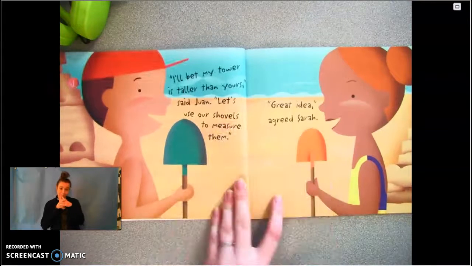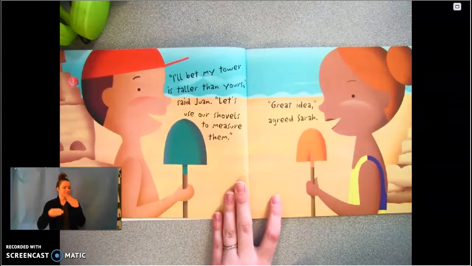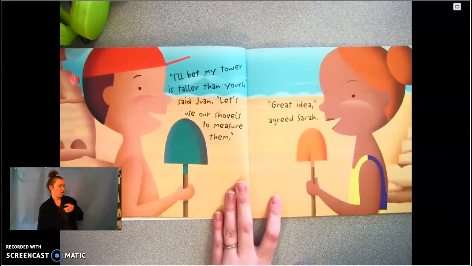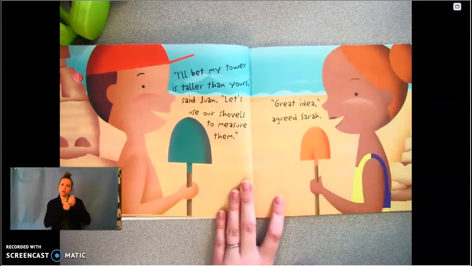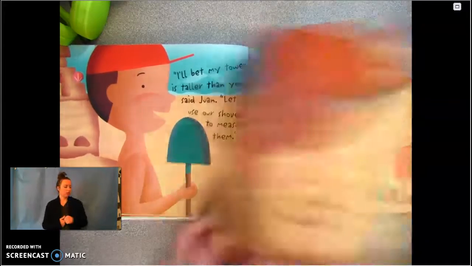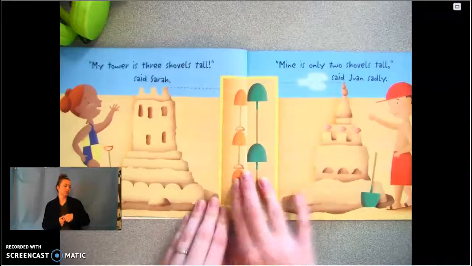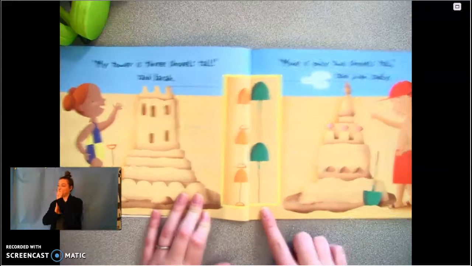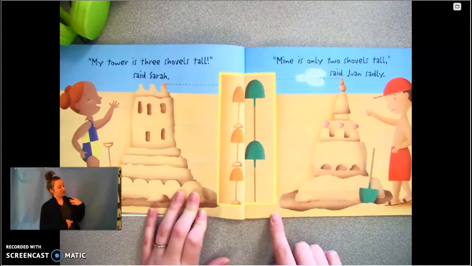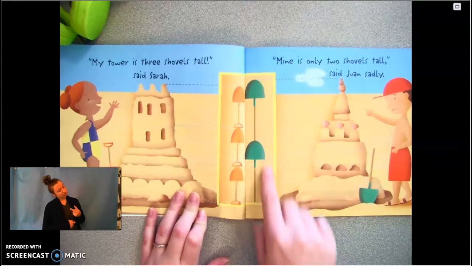"I'll bet my tower is taller than yours," said Juan. "Let's use our shovels to measure them." "Great idea," agreed Sarah. "My tower is 3 shovels tall," said Sarah. "Mine is only 2 shovels tall," said Juan sadly.